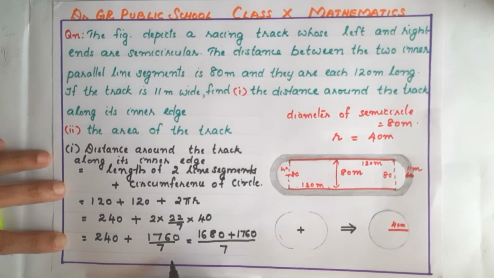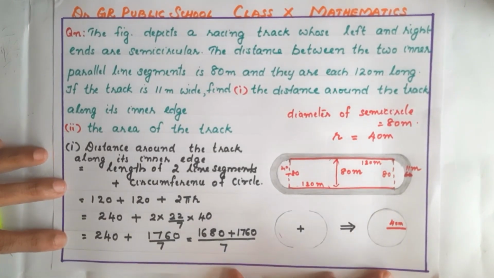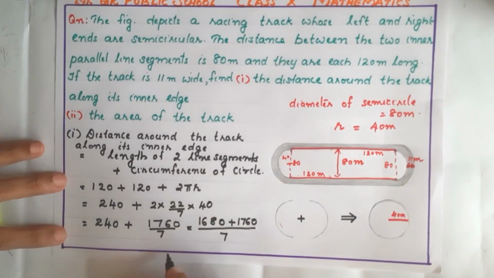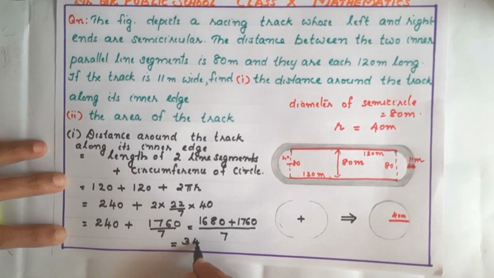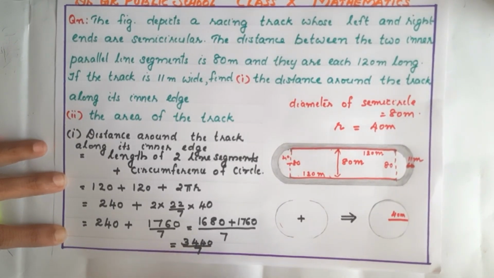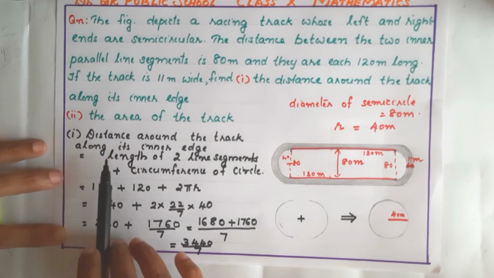Okay, children, what is the answer? When we add these two, we will get 3440 by 7.